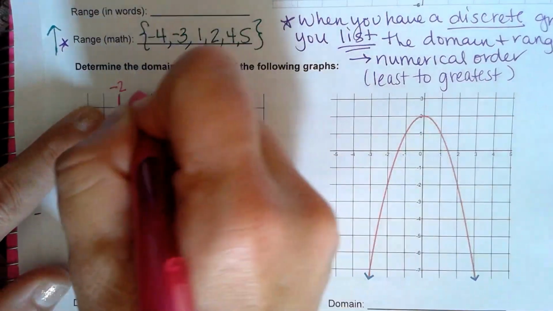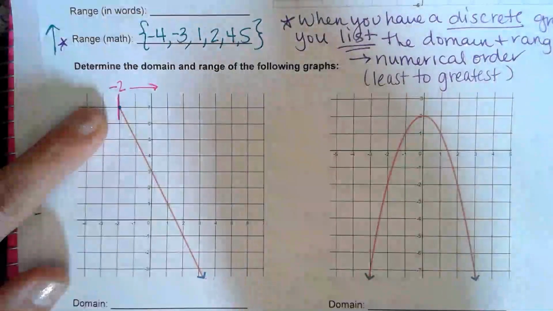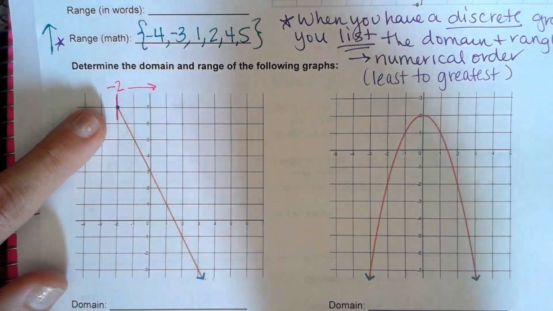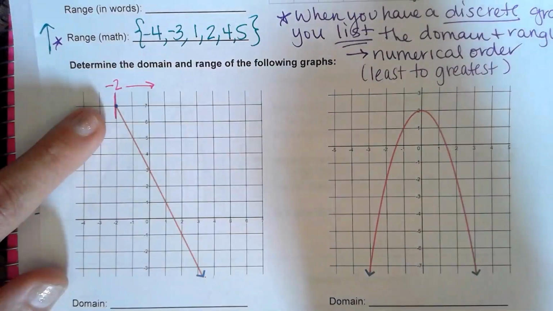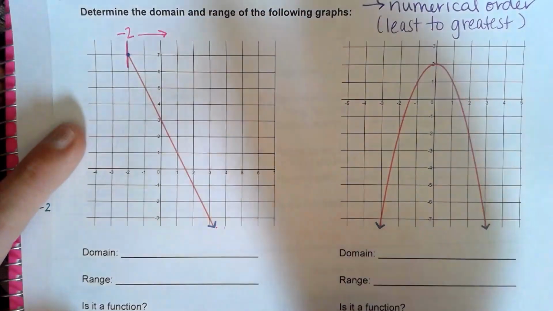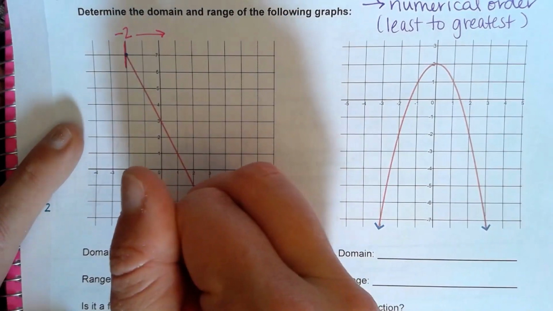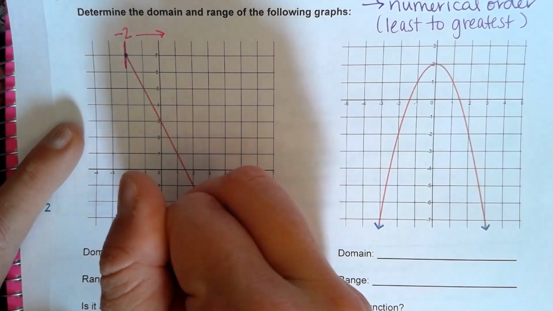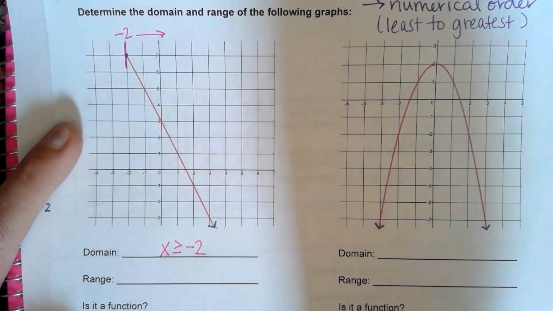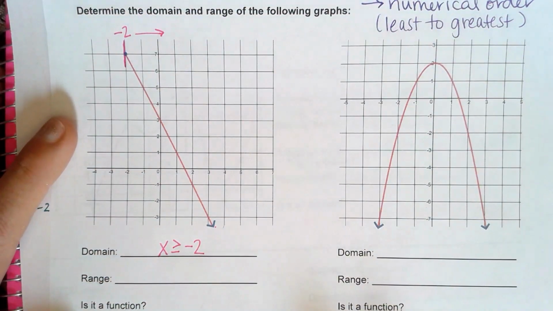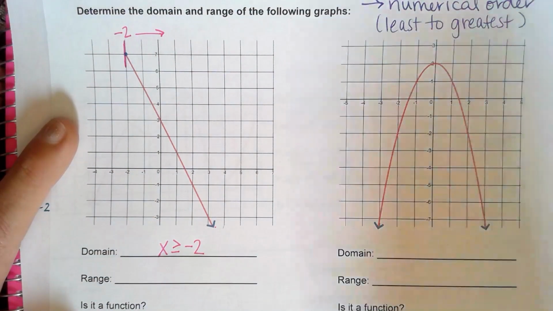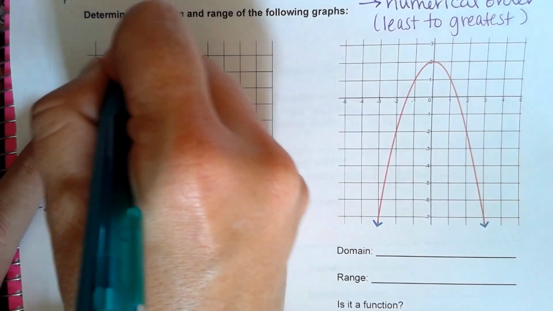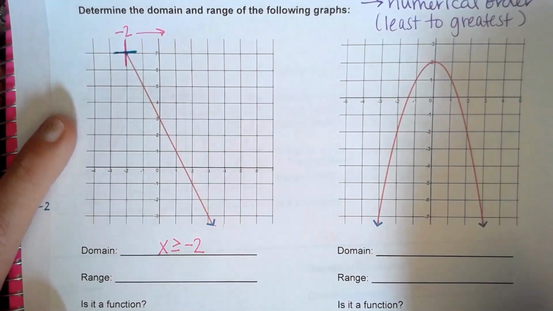And what this shows is that everything is to the right of -2. And if you think about that in an inequality, that could be represented as the x values are all greater than or equal to -2. Okay? So same thing here.